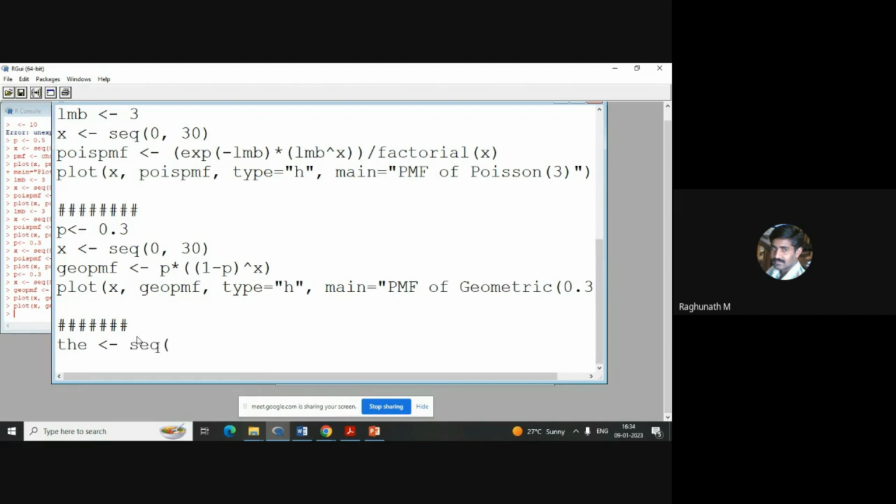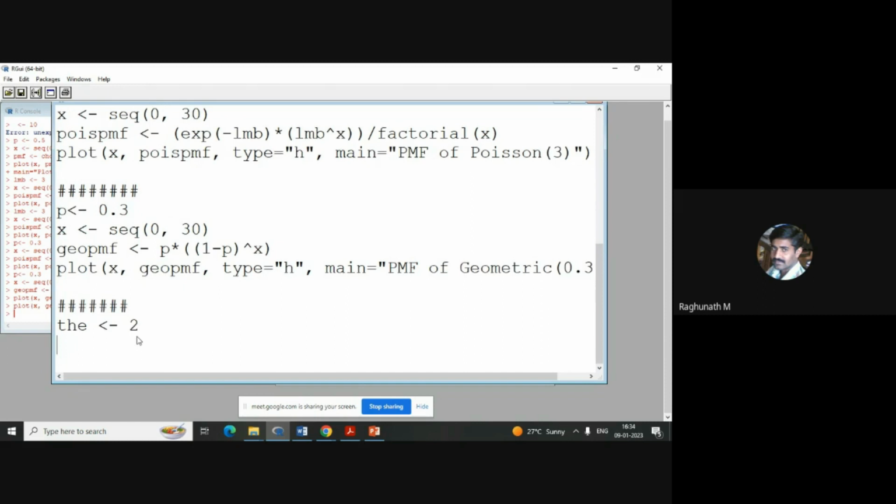Now we shall generate. Theta I will take as something like 2. Theta is greater than 0. If theta is equal to 1, we call it the standard exponential. We shall take theta equal to 2 here. Then we shall generate this sequence of observations, that is x.